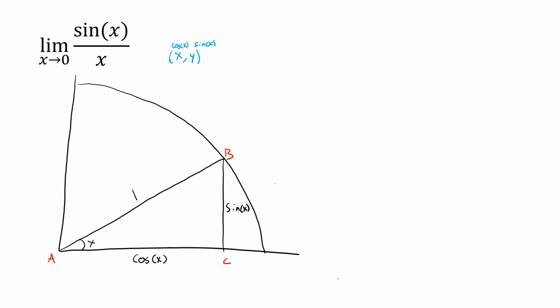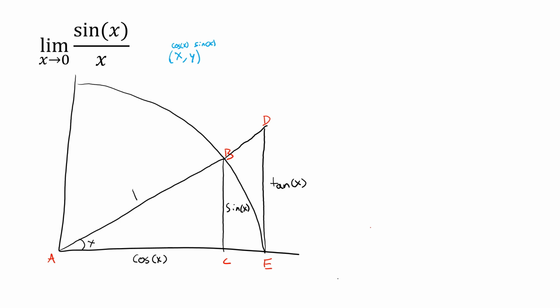Tangent of x is just opposite over adjacent, sine of x over cosine of x. Great. So tangent of x should look something like this. I'm going to call this segment DE, and this is what tangent of x should look like. Hopefully that makes sense.